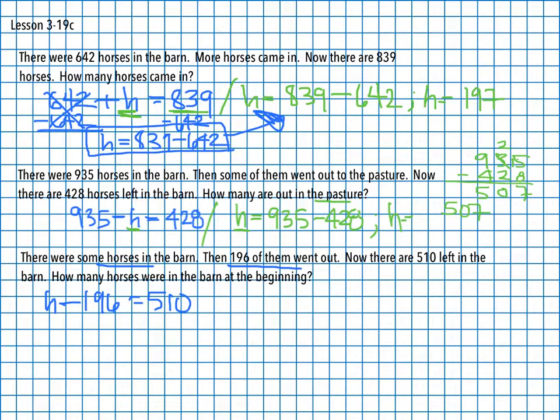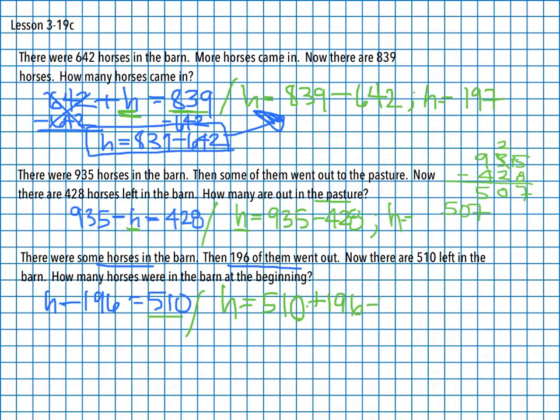Now our solution equation is, essentially, we're going to get rid of this 196 and bring it over to this side. So it's going to be H is equal to, and we're going to take our 510, which are left in the barn, and we're going to add to that the 196 that went out.